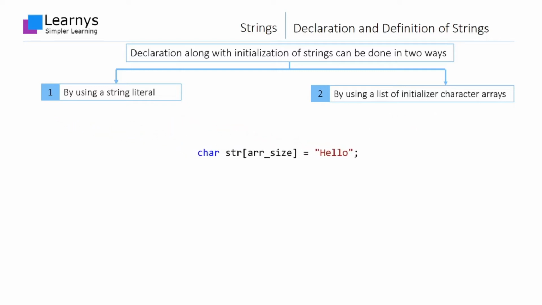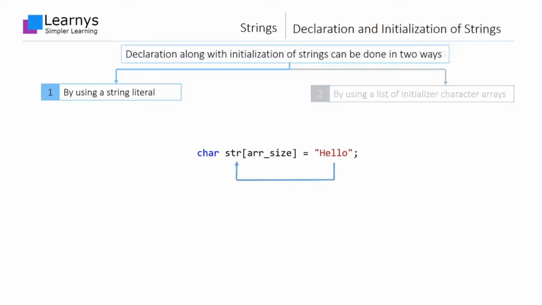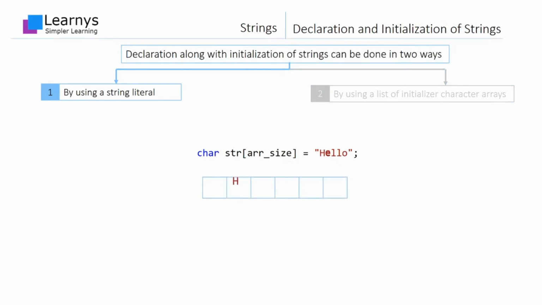Following is the general format of declaration and initialization of a string by making use of a string literal. This statement creates a character array of array size length. It assigns the content after the equals operator to the character array. The first character will go into the first position of the array, the second character will go into the second position of the array, and so on.